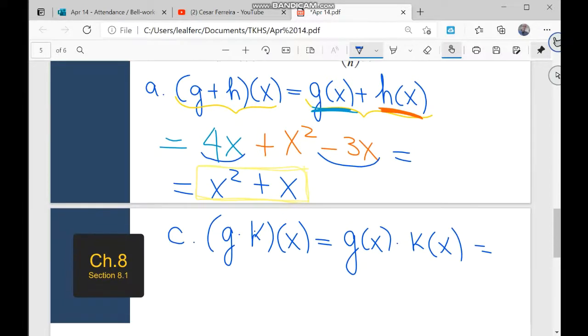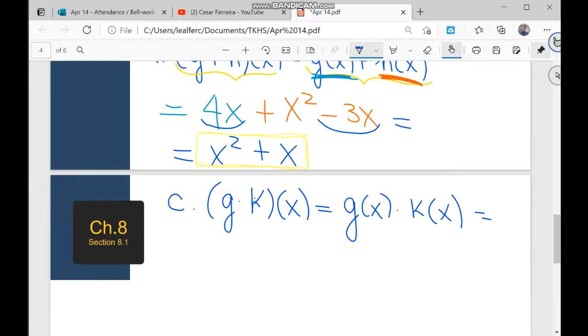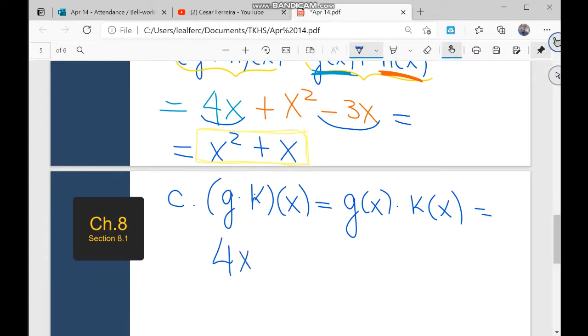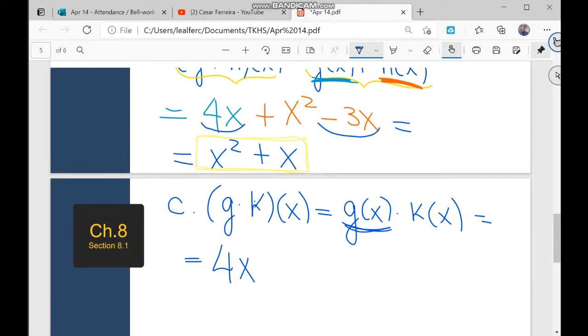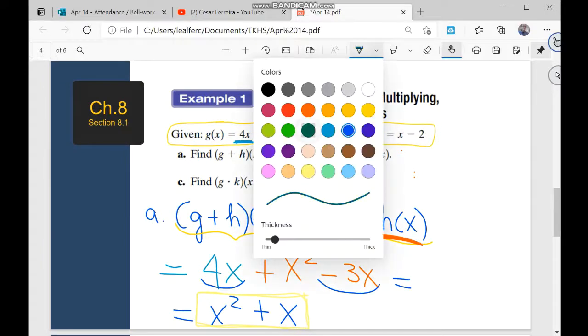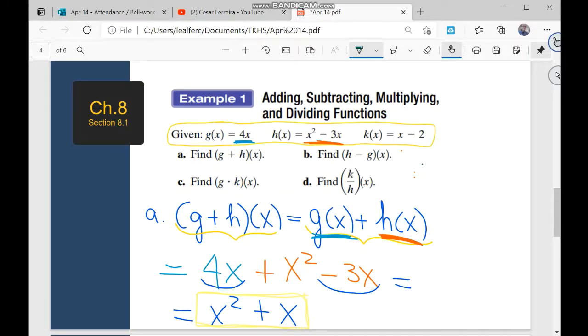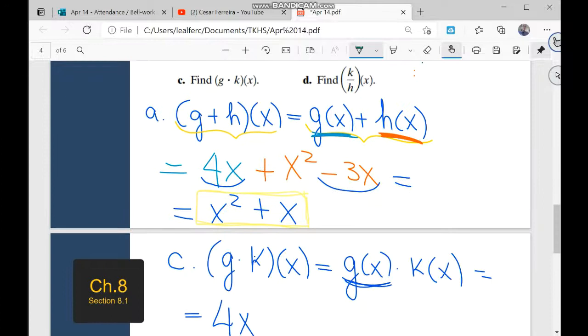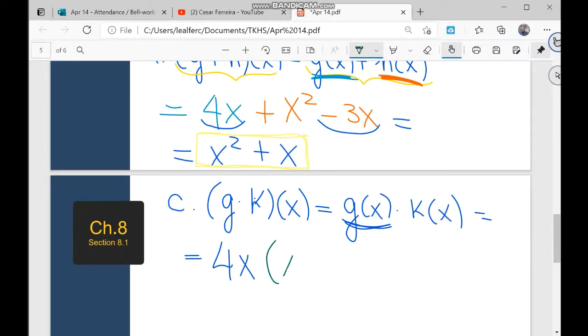Let's find g of x, we know is 4x, right? g of x is 4x. And what about k of x? Let's find out here. k of x equals x minus 2. So 4x times x minus 2. That's the answer. We just need to simplify.